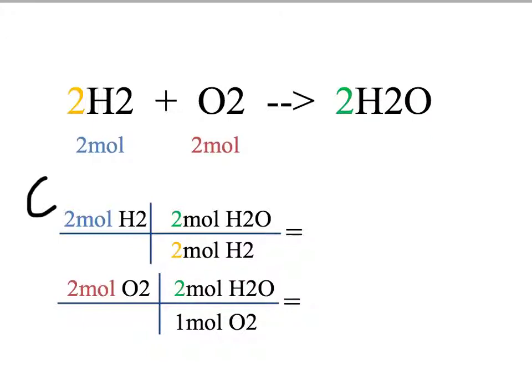Remember, we always start with what we're given over here on the upper left-hand side of our dimensional analysis tool. Then what we want goes over here on the upper right-hand side.